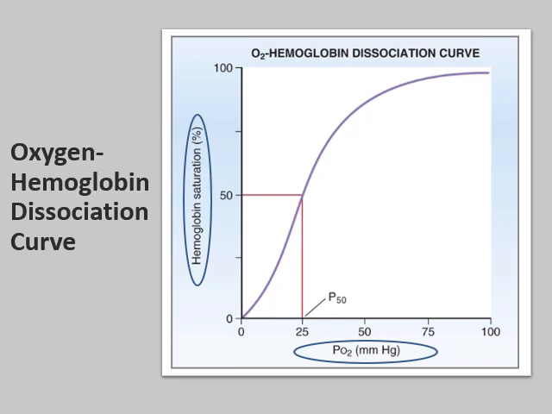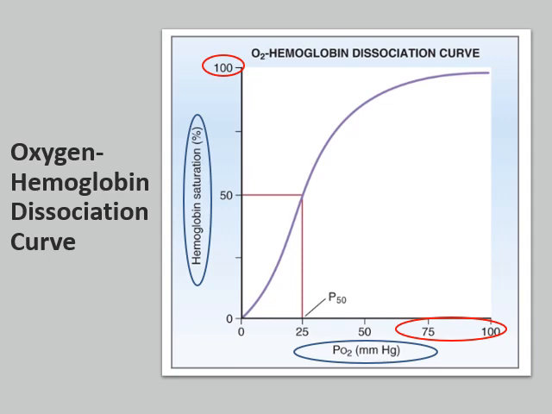Note that the affinity for the fourth and the last molecule of oxygen is the highest and occurs at values of partial pressure of oxygen between 60 to 100 mm mercury, where the saturation is nearly 100%, corresponding to 4 molecules of oxygen per 1 molecule of hemoglobin. This phenomenon is described as positive cooperativity.